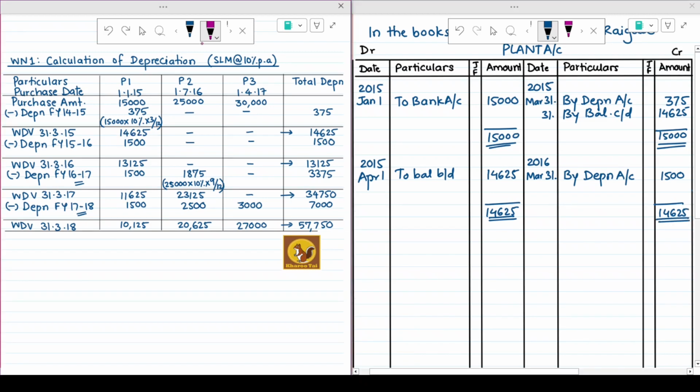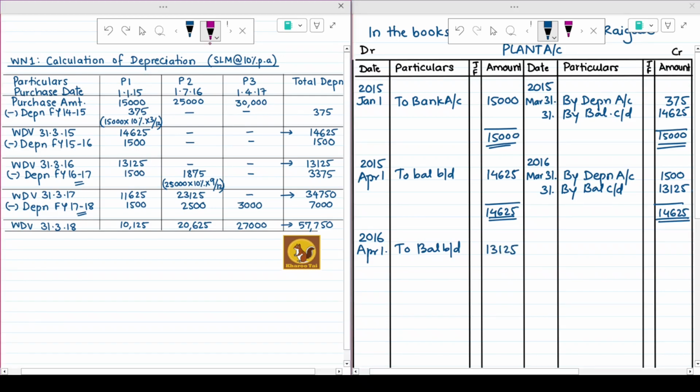From 14,625, if we reduce 1,500, we'll get 13,125. So the balance amount is by balance close down 13,125, and next day we will carry that amount forward. April 1 to balance brought down 13,125.